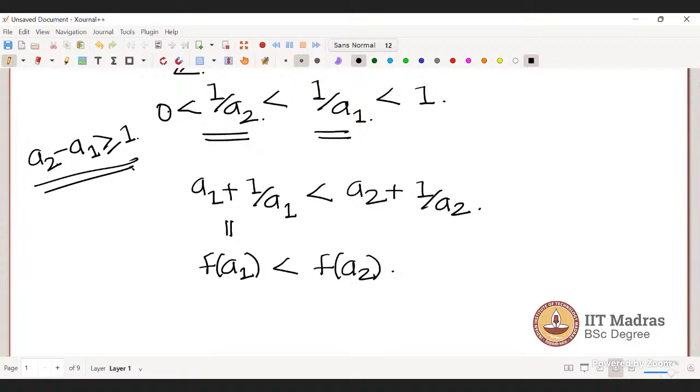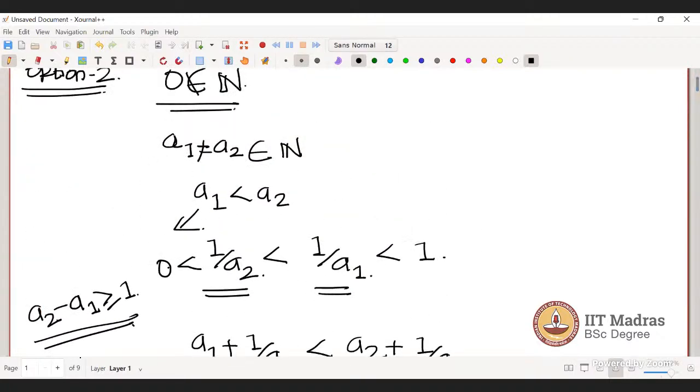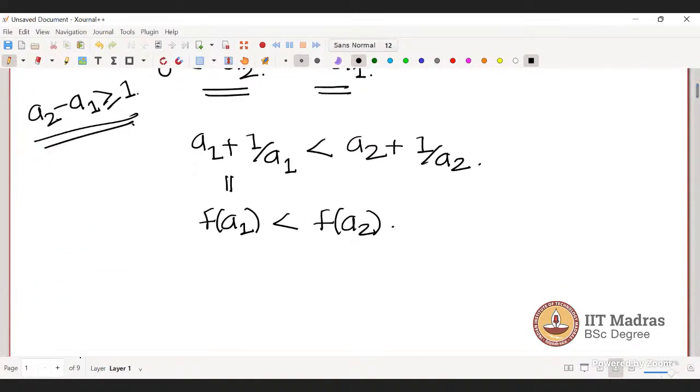So basically, what did I show here? See, you have to see my first assumption. I took two distinct natural numbers in the domain, and I showed that their images are also distinct, because I'm getting a strictly less than sign.